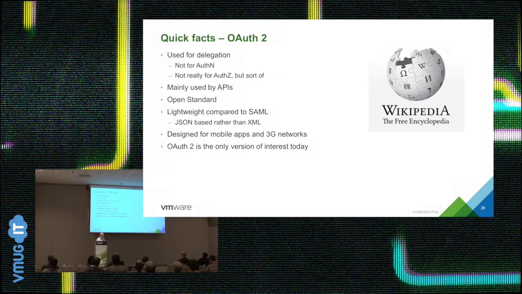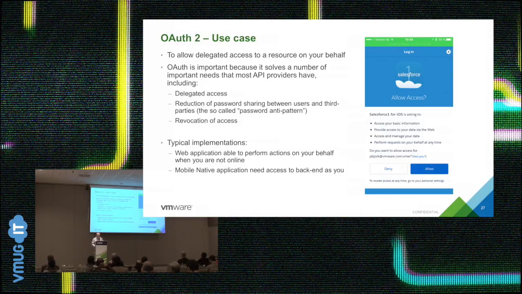So hopefully it will become clearer eventually. OAuth 2 is very popular because it's what tends to be used, especially with native mobile applications. Especially if you have a web portal aggregating information from other web applications, OAuth 2 is probably being used in the background.